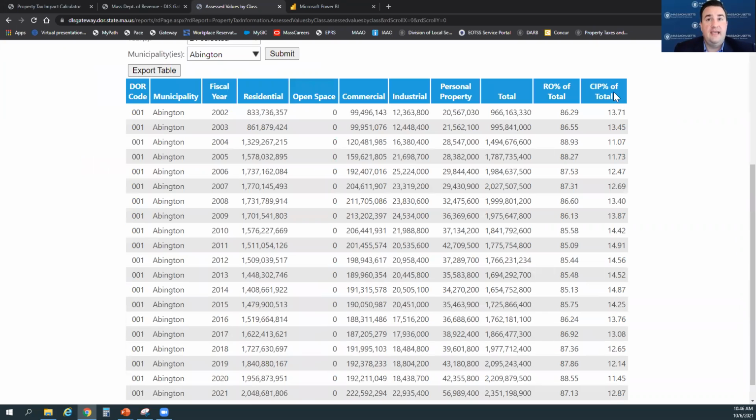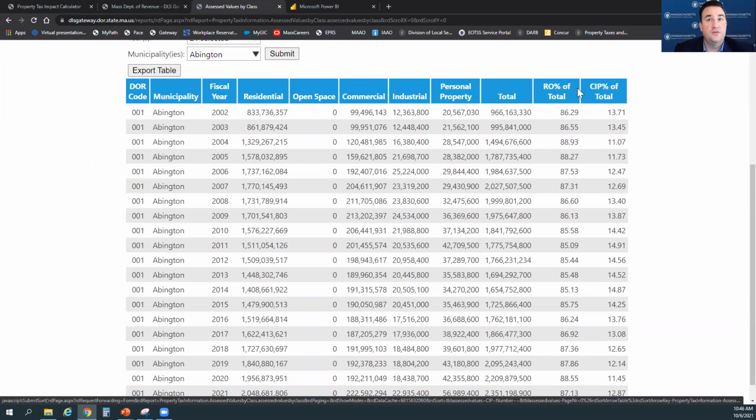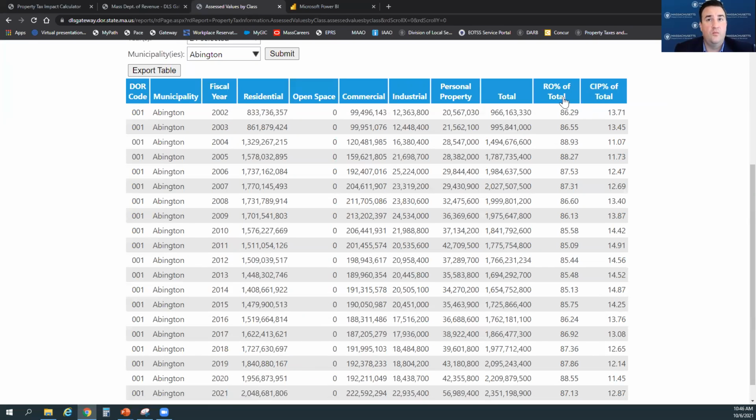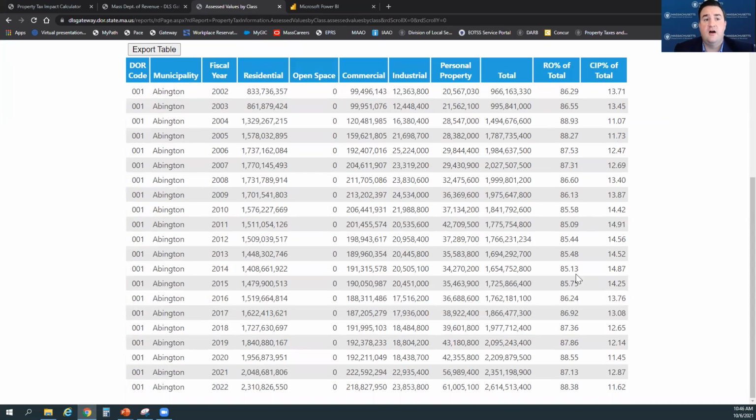So if you're looking at different CIP totals or what's happened over the years, DLS provides a data set that goes all the way back to 2002 by class, all the way up to current. As your community sets values, this information comes over. So depending on when your classification hearing is, I would encourage you to revisit the site and really look at these different things.